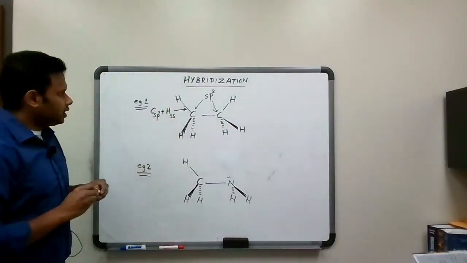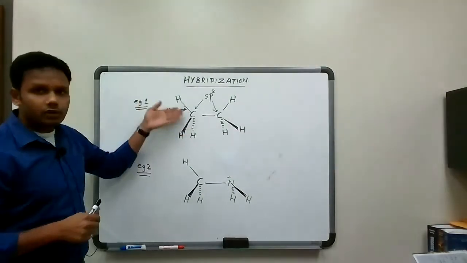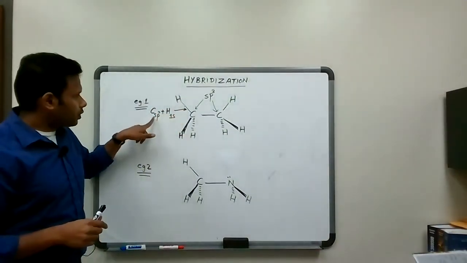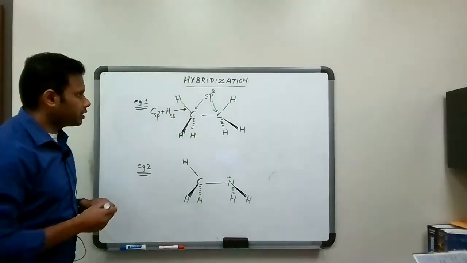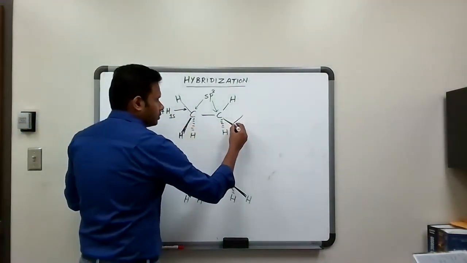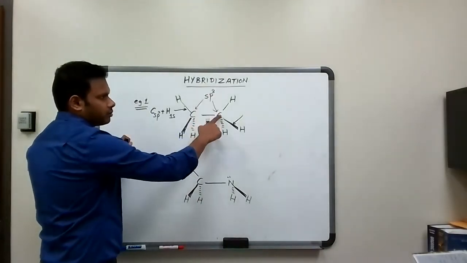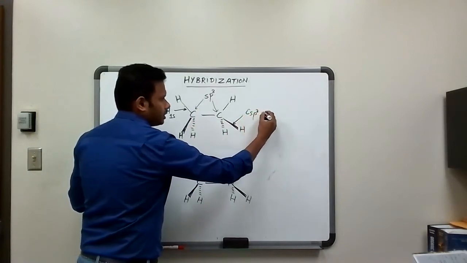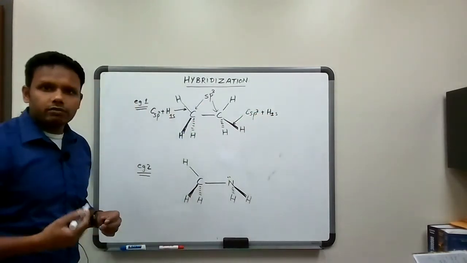Carbon uses an sp3 hybrid orbital to overlap with a 1s orbital from the hydrogen. So hydrogen always brings in 1s. And which orbital carbon uses, that information is coming from the hybridization of that carbon atom. Similarly, we can do it for this one. That's a bond between an sp3 hybridized carbon and a hydrogen atom. So this is also carbon sp3 plus hydrogen 1s. That's how that bond is formed.